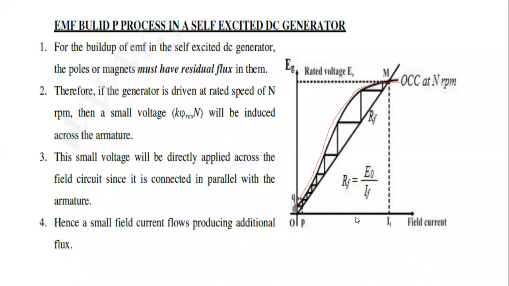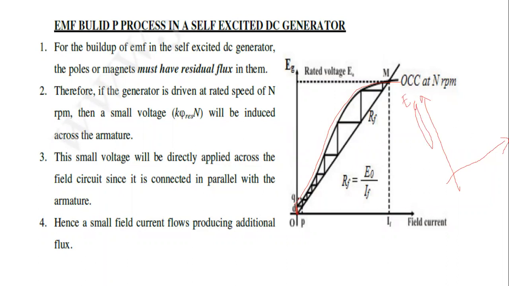In this way, the voltage is built up from OP to OD. This is the residual voltage. We observe this small graph: the OCC characteristics does not start at zero voltage. It starts from above the zero value, and that voltage is called the residual voltage.